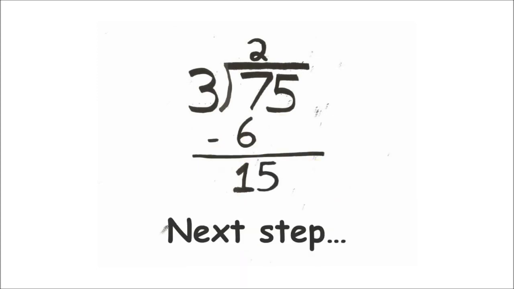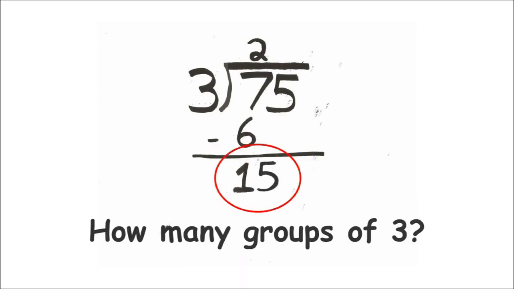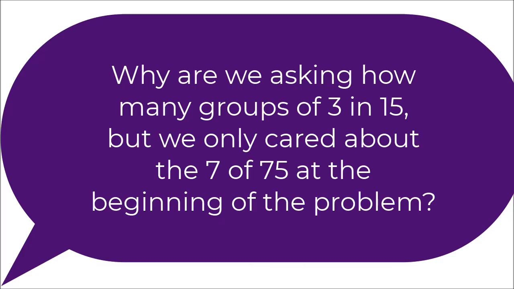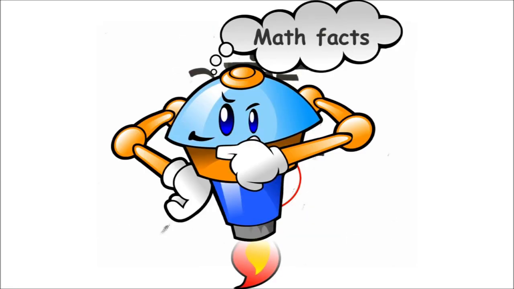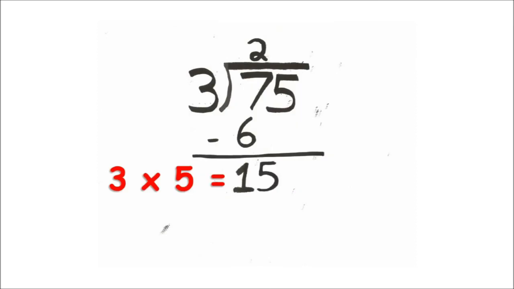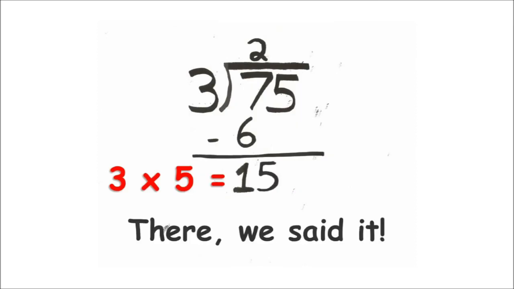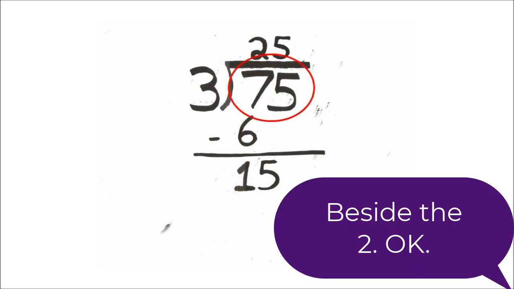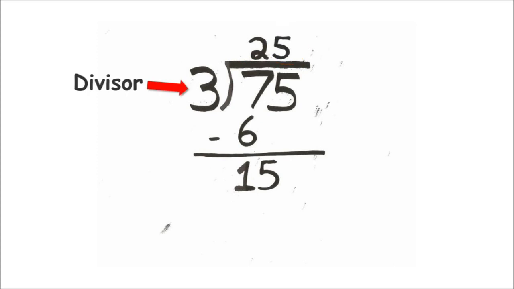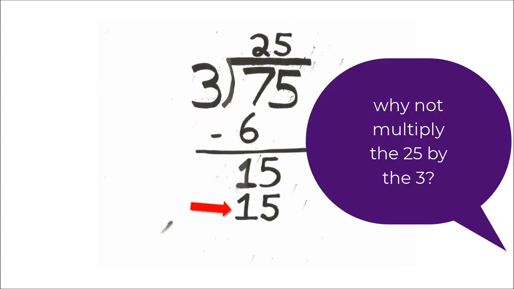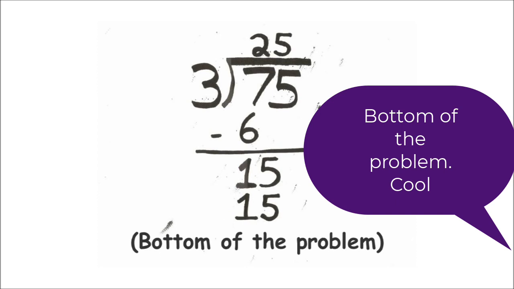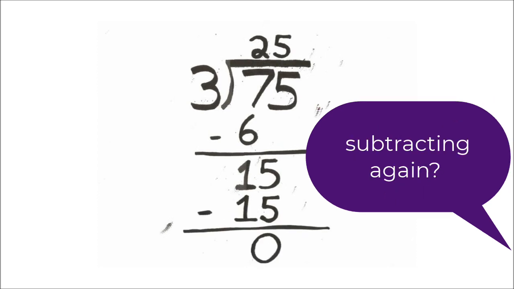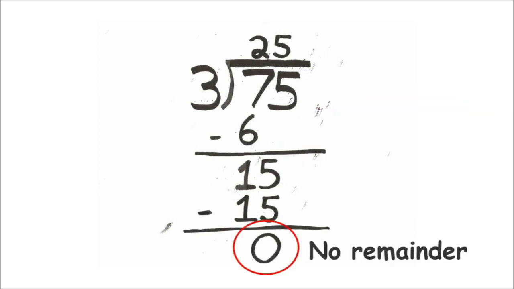And here's what the next step should be. 15 has how many groups of 3? If you know your math facts, you'll get it. 3 times 5 is 15. There, we said it. So now you write that 5 on the line right beside the 2 above the 75. Multiply the 5 times the divisor. 3. That gives you 15, so you write that at the bottom of the problem. Subtract it from the first 15, and that leaves you with 0. No remainder to be seen.